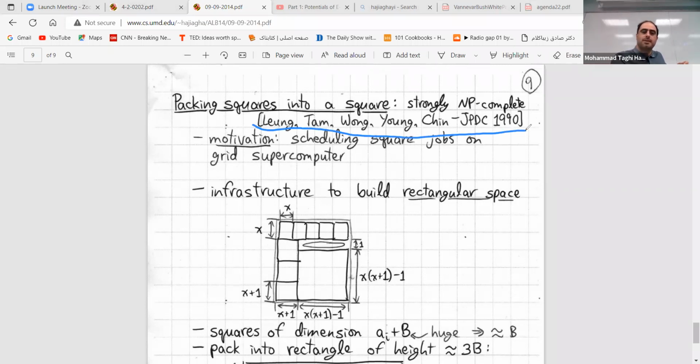This is the paper that says that packing squares into a square is actually strongly NP-hard. And again, strongly NP-hard comes because we can do it via 3-partition. And as I mentioned, the previous one was scheduling square jobs on a grid supercomputer, but more importantly, I would say packing ads.